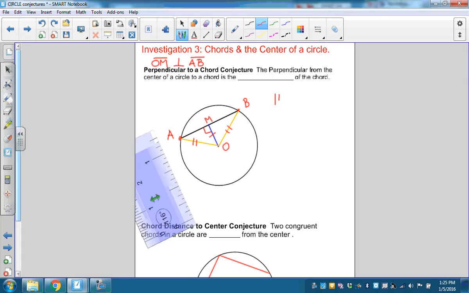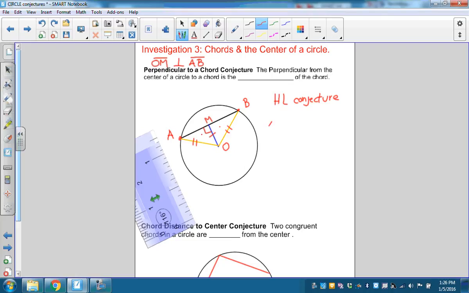And today in class we talked about the hypotenuse leg conjecture, which tells us in a right triangle, if you have one pair of congruent hypotenuse and one pair of congruent legs, you know the two triangles are congruent.